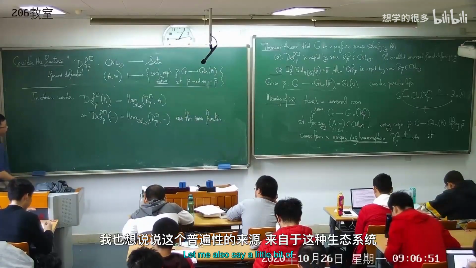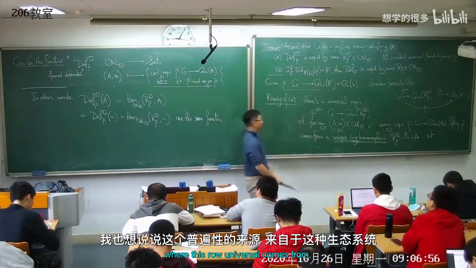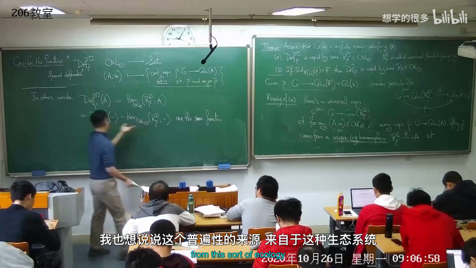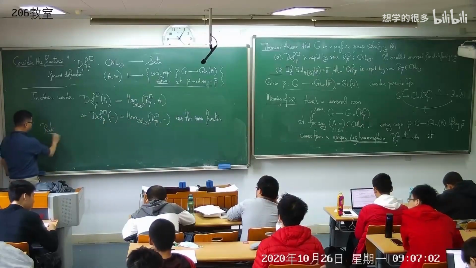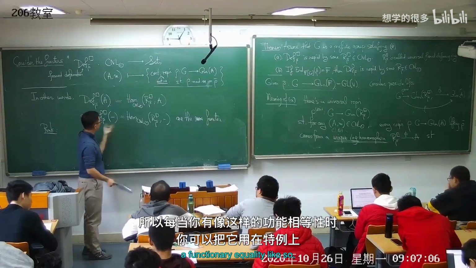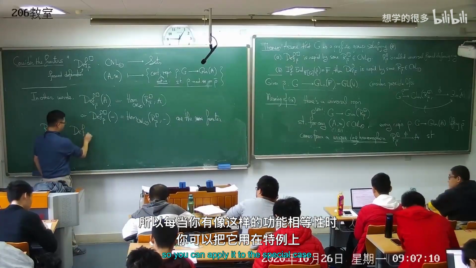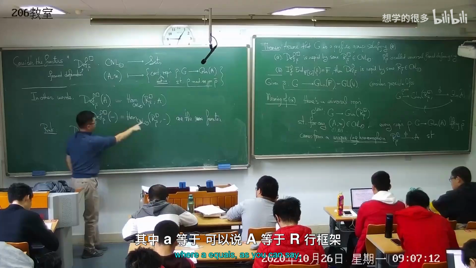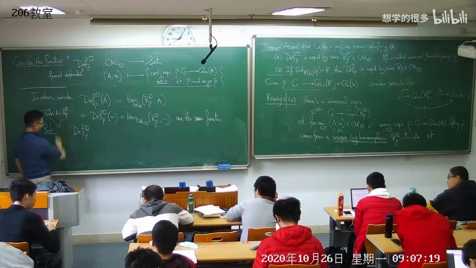Let me also say a little bit about where this rho universal comes from, from the functorial point of view. So this is some sort of Tannakian language. Whenever you have a functor equality like so, you can apply it to the special case where A equals R rho bar frame.